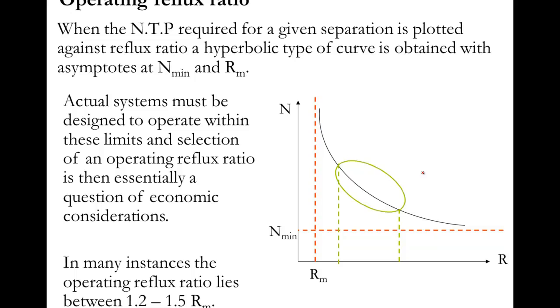When the reflux ratio is infinite, we get our minimum number of transfer units. On the other hand, at a finite or minimum reflux ratio, the number of transfer units is going to be infinite.